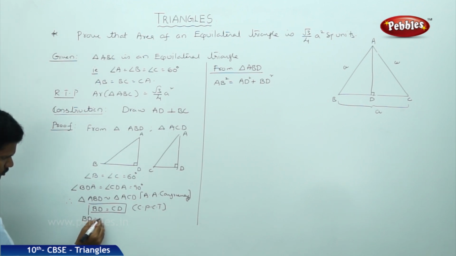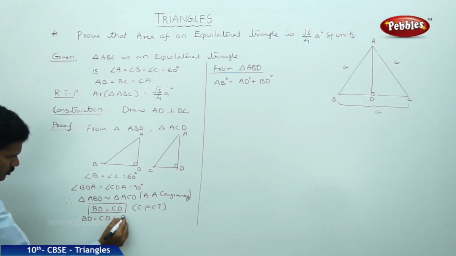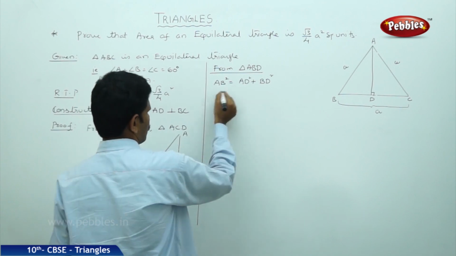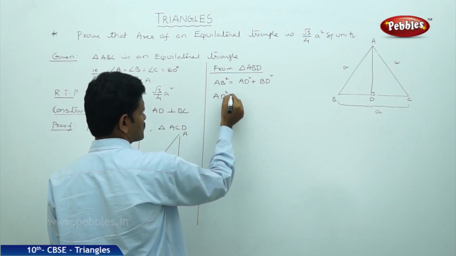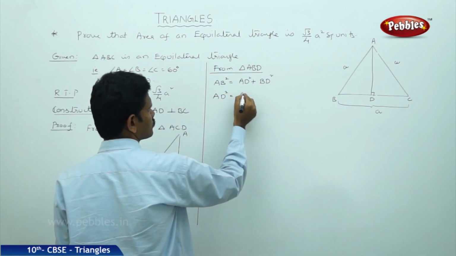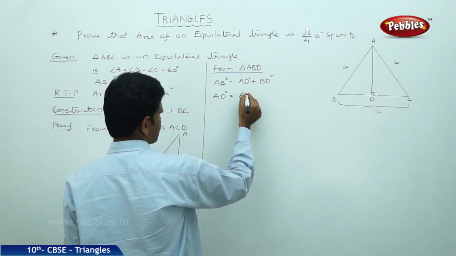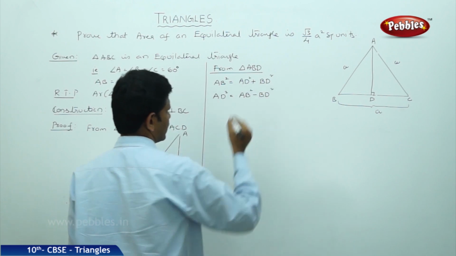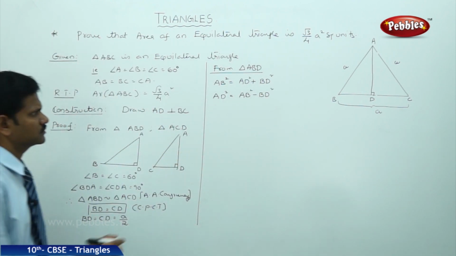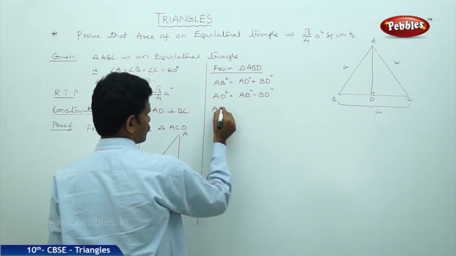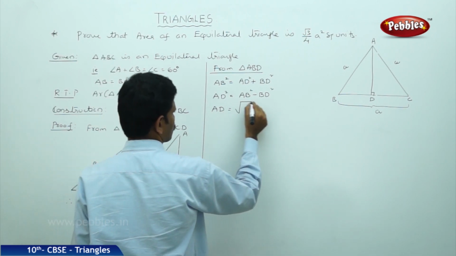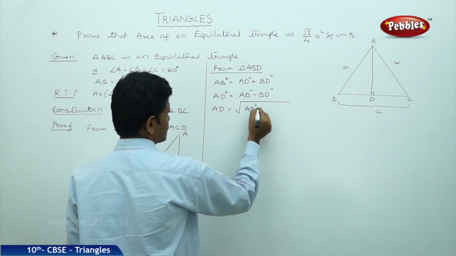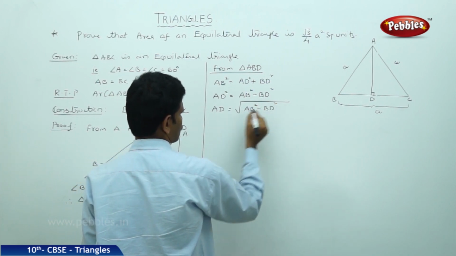BD is equal to CD is equal to a by 2. Now AD square is equal to AB square minus BD square. AD is equal to root over AB square minus BD square.